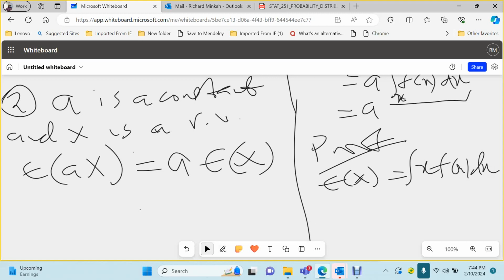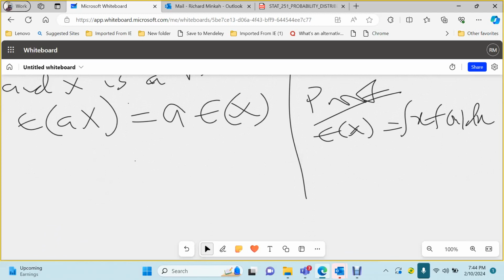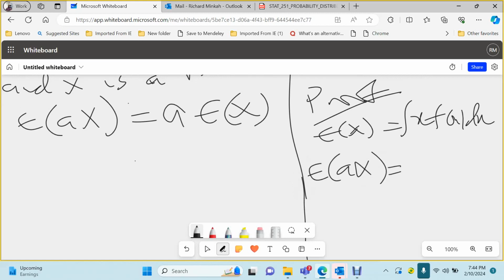Now, if we have the expected value of AX, then we expect it to be the integral of AX f(x) dx.